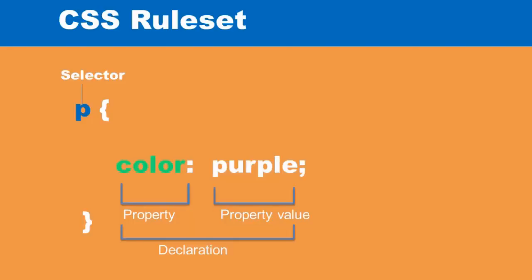Let's take a look at a typical CSS rule set. So the whole structure you can see on the screen is referred to as a rule set, but often called a rule for short. So let me quickly run through the syntax here.